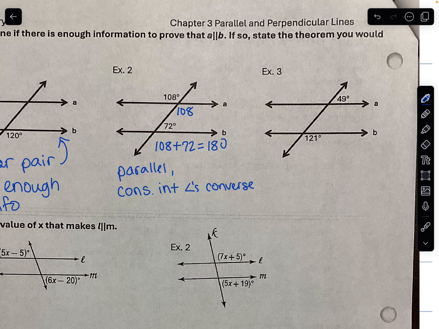Yeah, I mean, you could put 49 on the opposite side, and 120 on the opposite side of it, like vertical angles. I think we're getting on the right track. So the other thing I would do is, could I find this angle right here? Yeah. How? How could I find this angle right next to 121? Minus 180 from it. Okay, so what's 180 minus 121? 59.